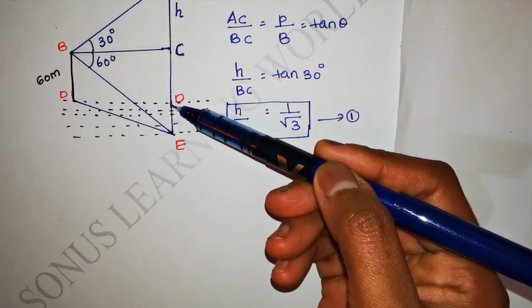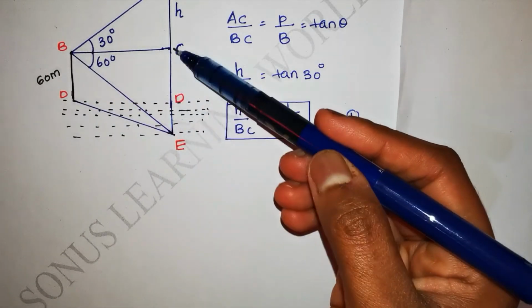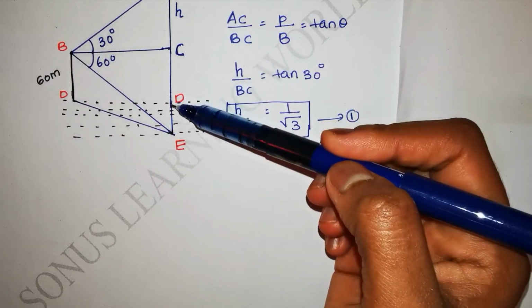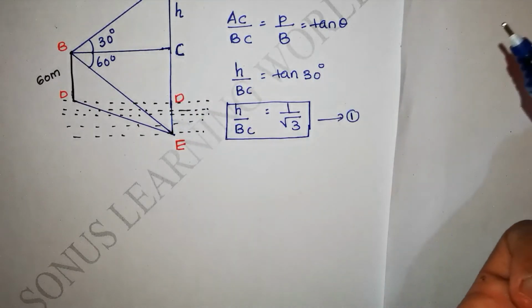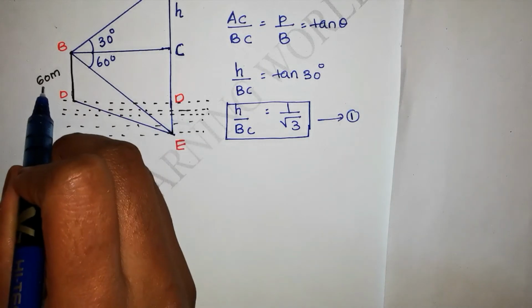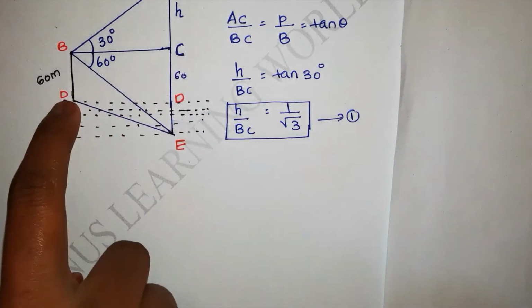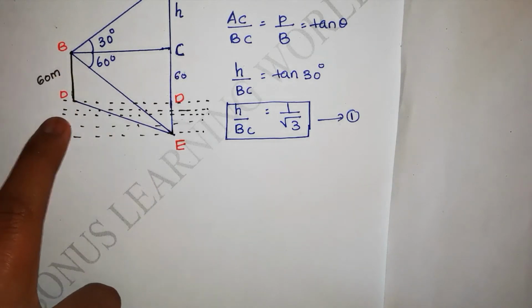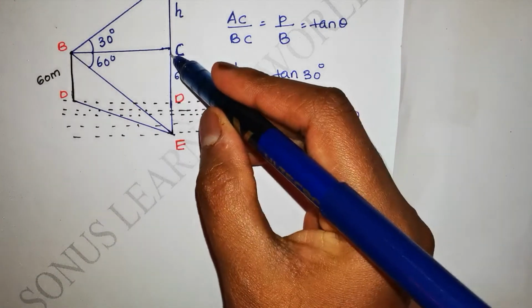That is, this much distance will be this distance. So this distance is also equal to 60. So this is H. So this much distance will be 60 plus H. Students, let me explain you one more time. This is 60, from here to here, because DB is 60. So this is also 60.